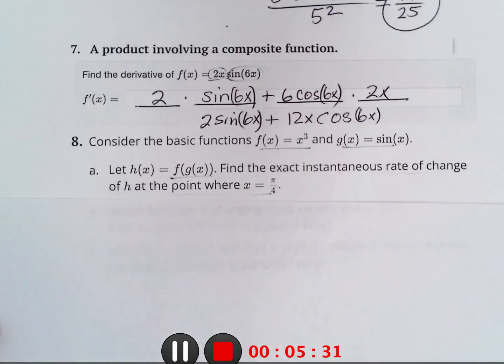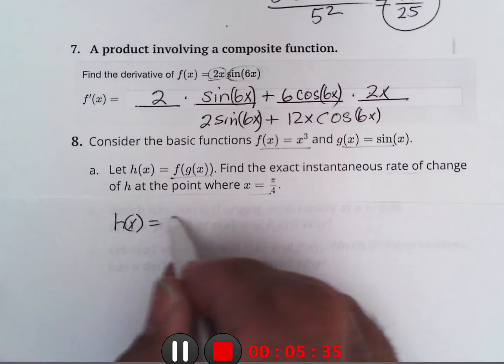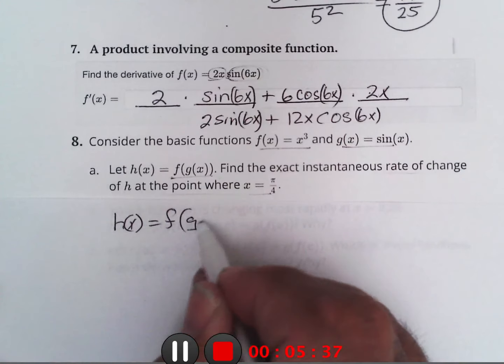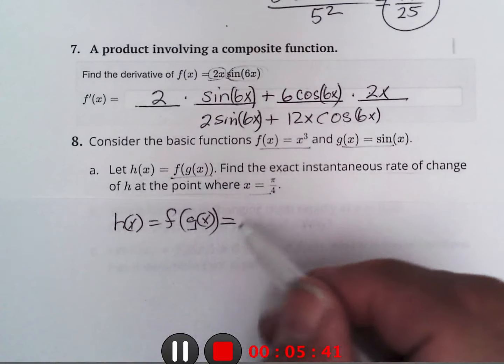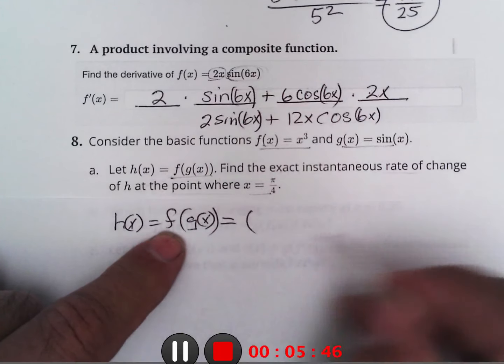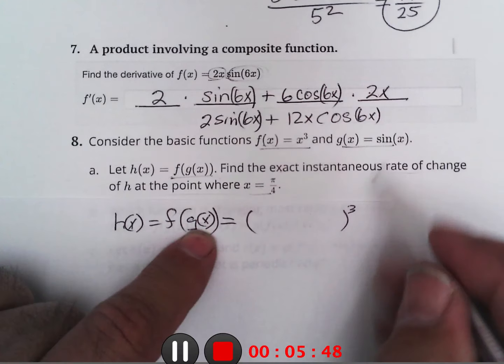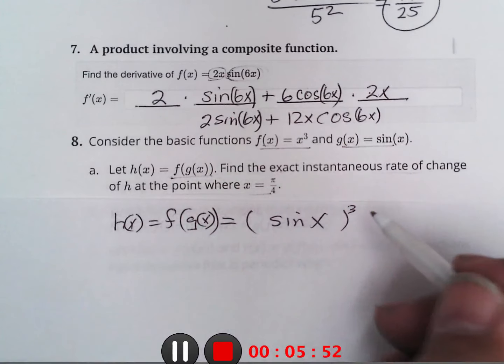So h of x, which is f of g of x, is f, which is something cubed, and g of x is put into it, so the sine of x cubed.